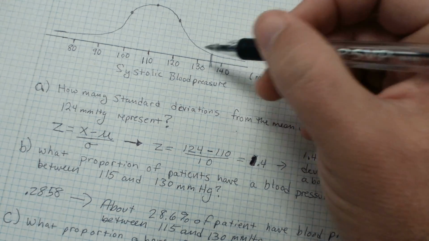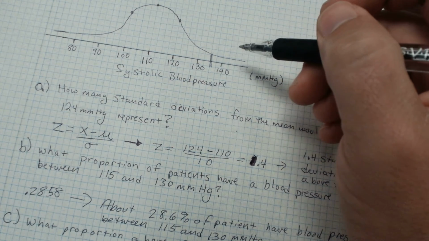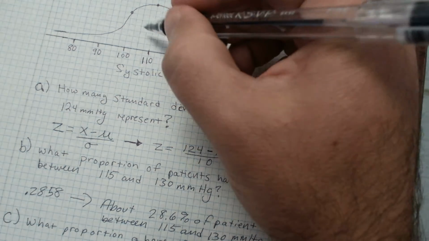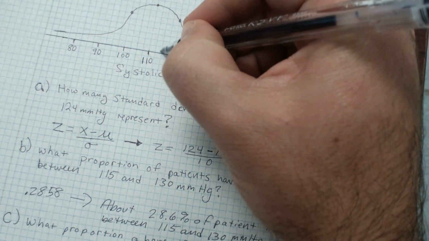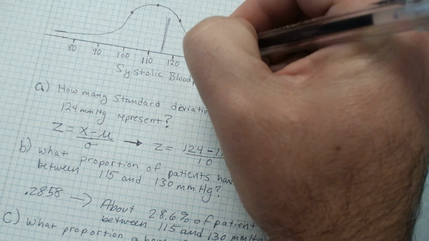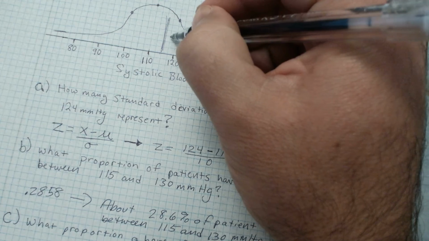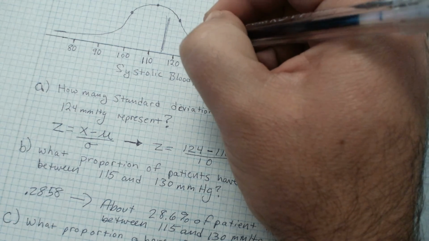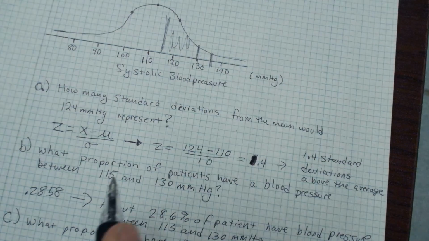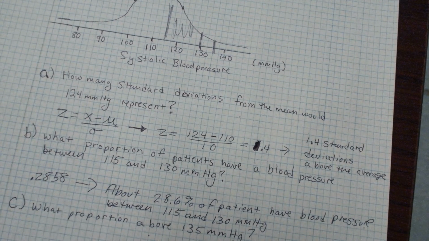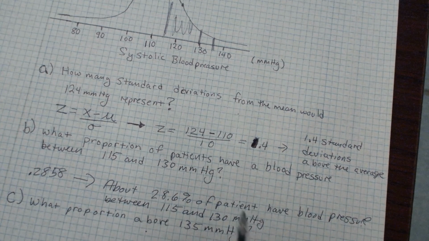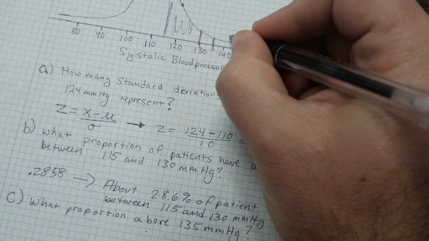If you remember the empirical rule, in the previous question, part B, we were looking between say here and here, which looks like a decent chunk, maybe 30% of your data, so that matches up with the 28% that we got. So just look at the graph and that'll help you figure out what you're working with here.